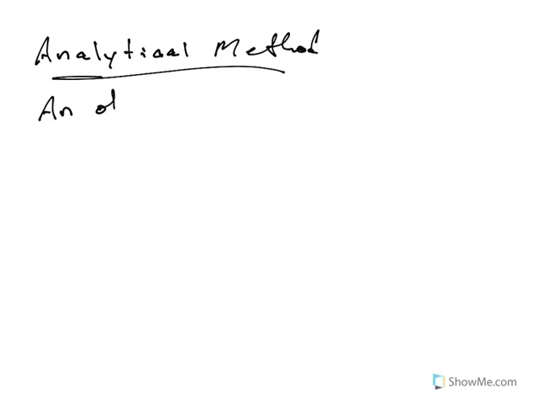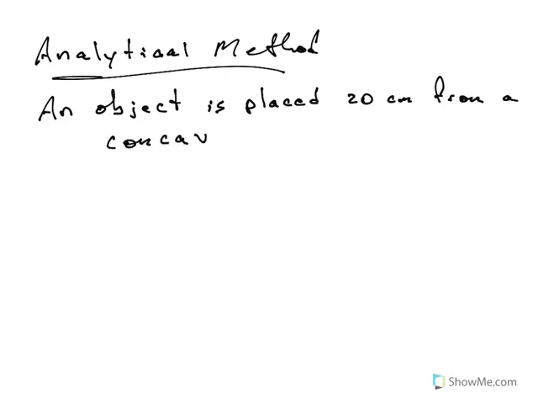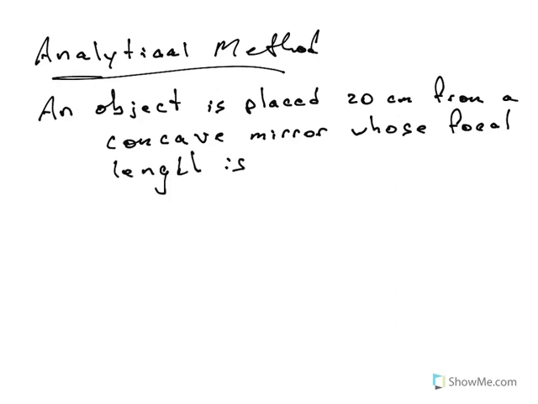An object is placed 20 centimeters from a concave mirror whose focal length is, let's say, 5 centimeters.